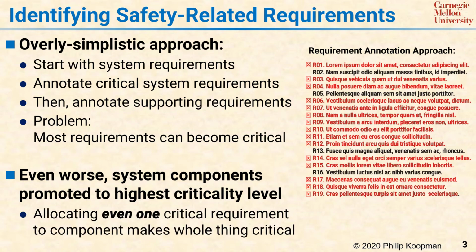That's because once you're inside a module, you cannot guarantee that the normal software will not interfere with a safety function. Thus, even if a modest fraction of the requirements have been annotated as safety critical, if they're spread around the system, you're back to finding out that your entire system ends up being safety critical.